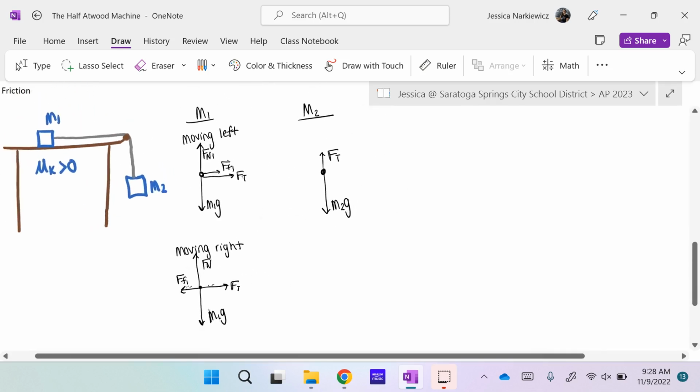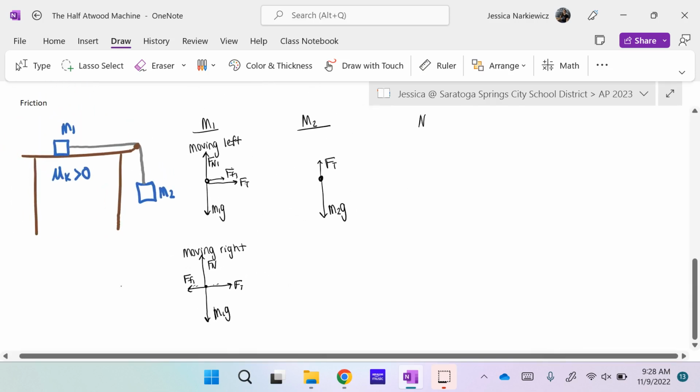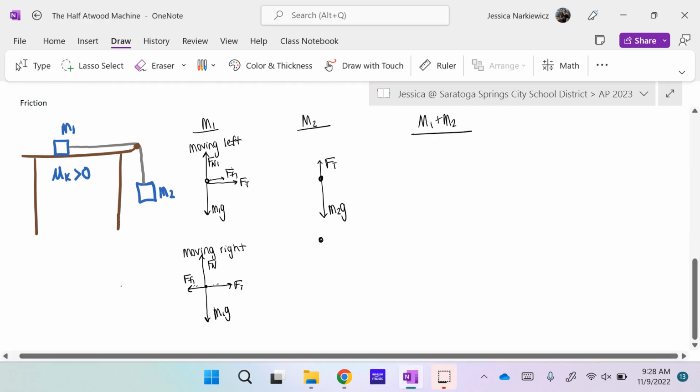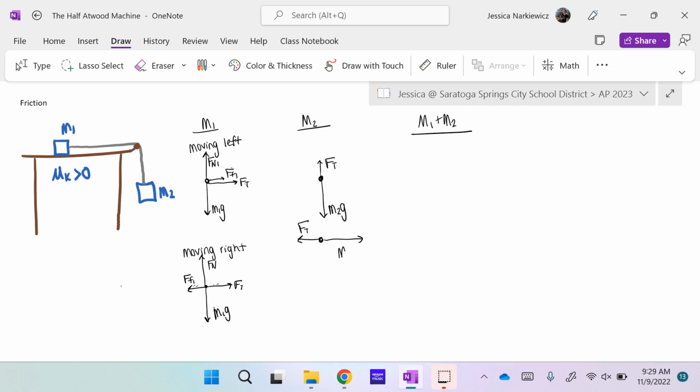So to think about that net force and the acceleration, let's look at the total system, so the M1 plus M2 system. Okay. Remember, I can rotate this M2 to give me an idea of how to draw that. So once again, if I'm doing the M1 and M2 system, the tension forces are now internal.